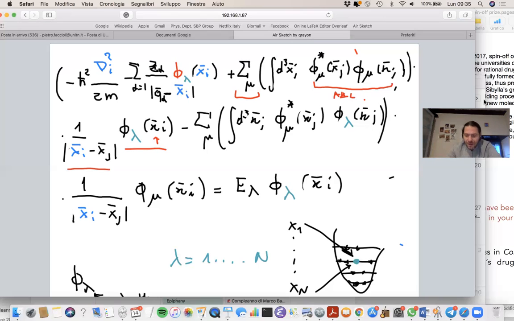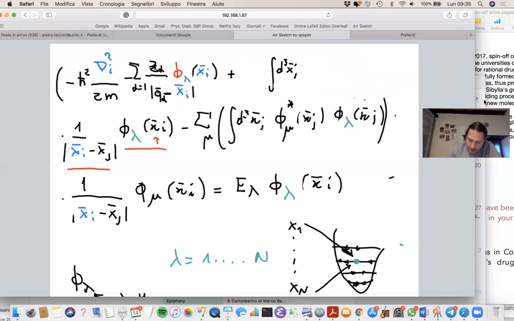In other words, it is the electron to charge density interaction. So I could replace this by saying that there's a charge density at some point j provided by all electrons in the system.